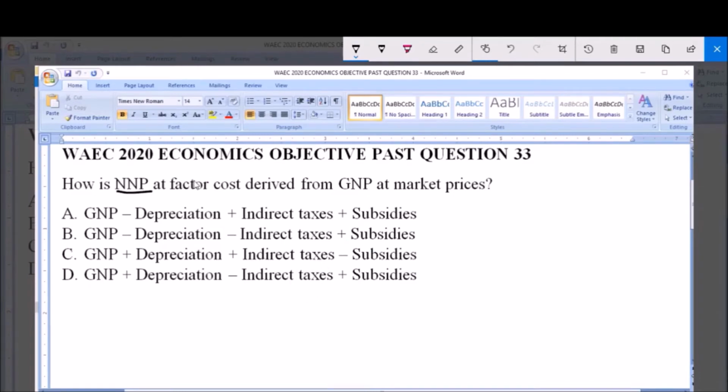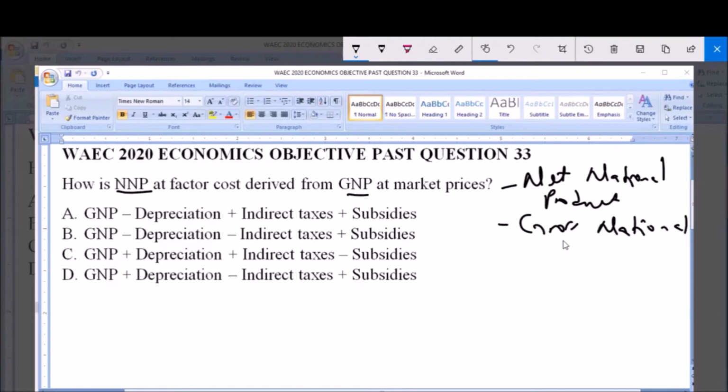Now, NNP is net national product and GNP is gross national product. So we are being asked, how is the net national product derived from the gross national product at market prices?